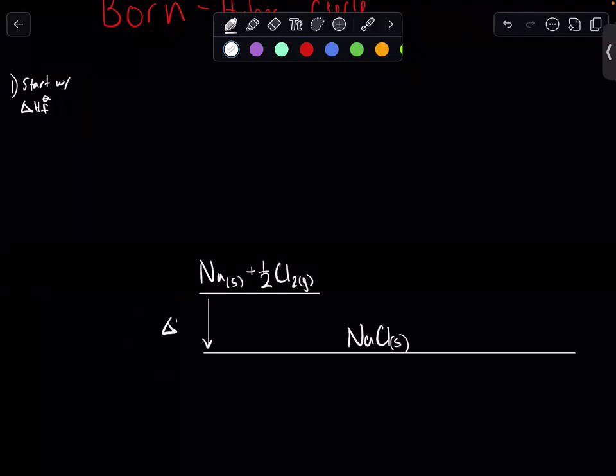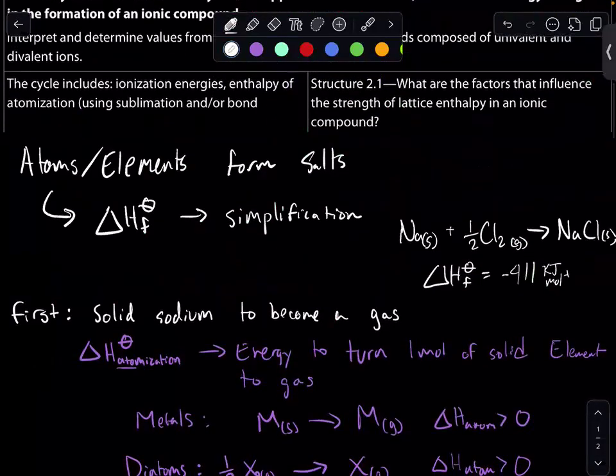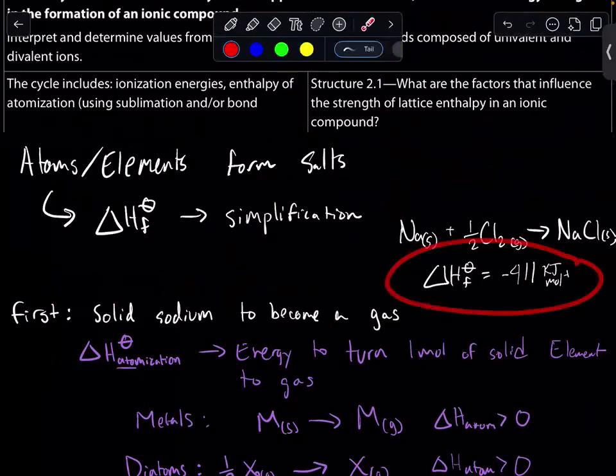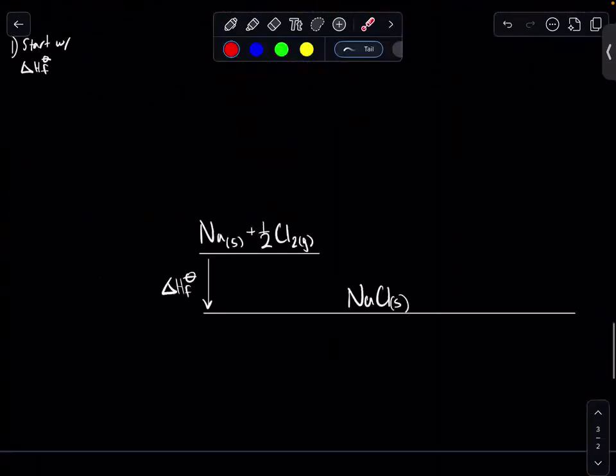This is our delta HF. I'm using a down arrow because this is a negative value. We know before that this value is negative 411 kilojoules per mole. That's what we wrote all the way at the top. So delta H formation is a negative value. I'm using a down arrow.